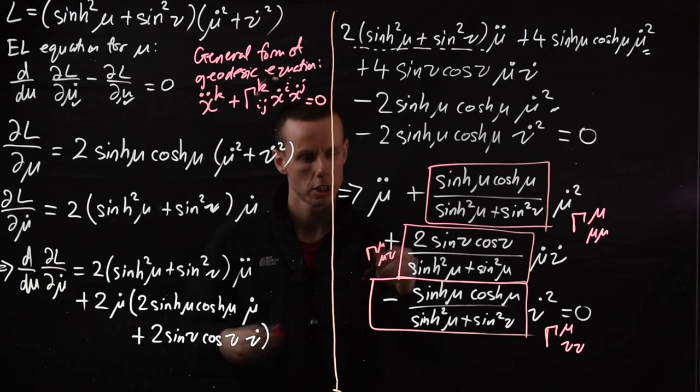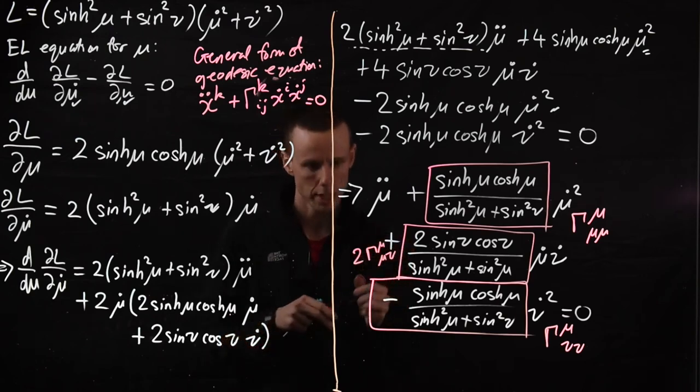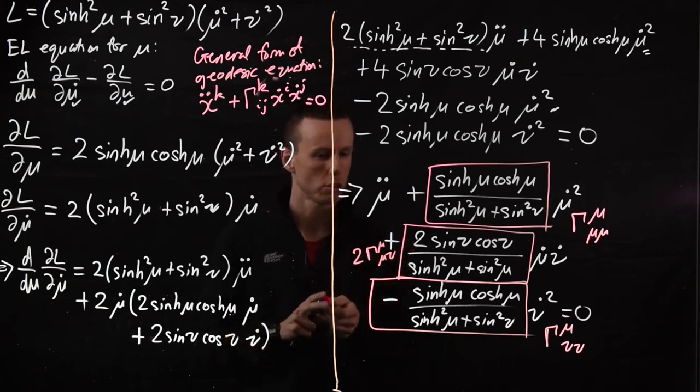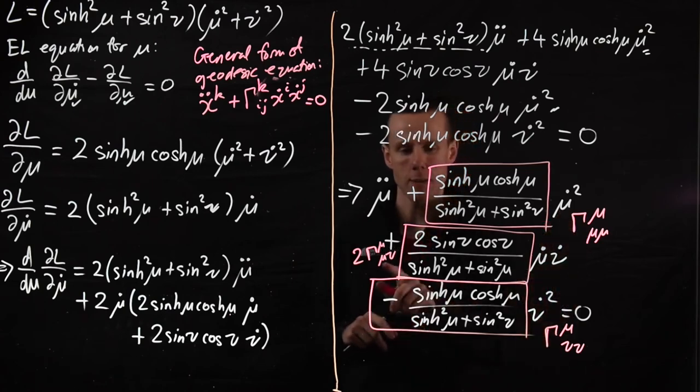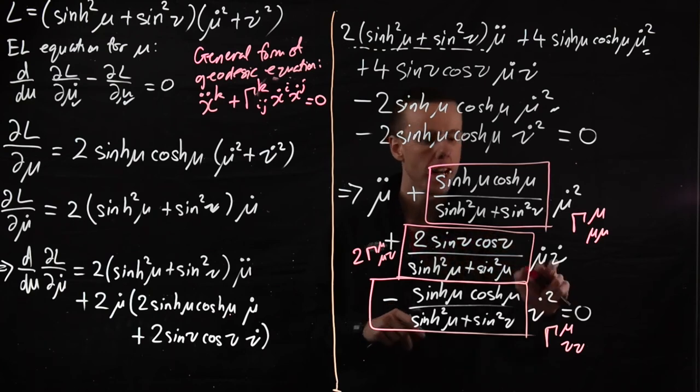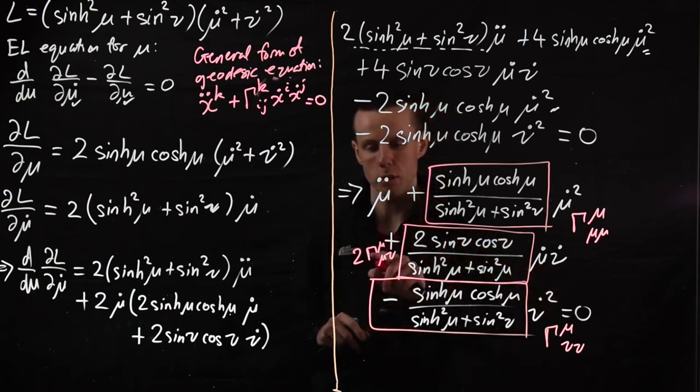It's actually 2 times gamma mu. So this always happens for the mixed pairs. It's okay for the mu dot squared and the nu dot squared, but for the mu dot and nu dot, this always happens. So the coefficient in front of it is actually twice that Christoffel symbol, gamma mu.